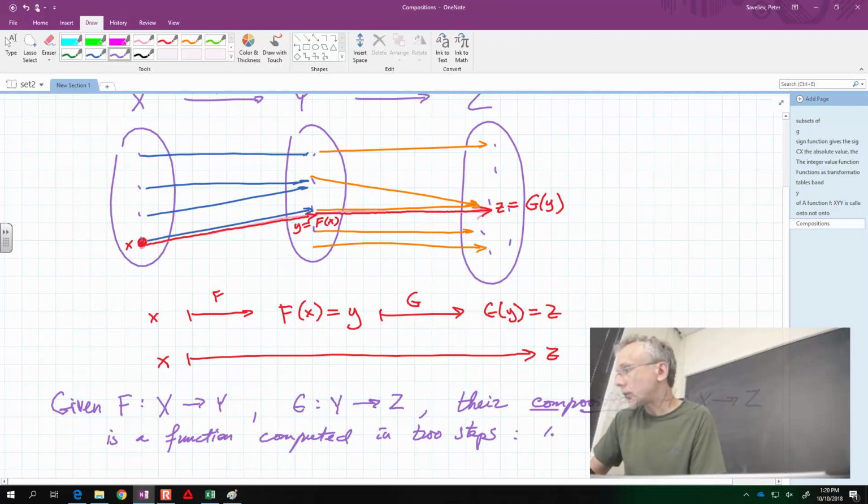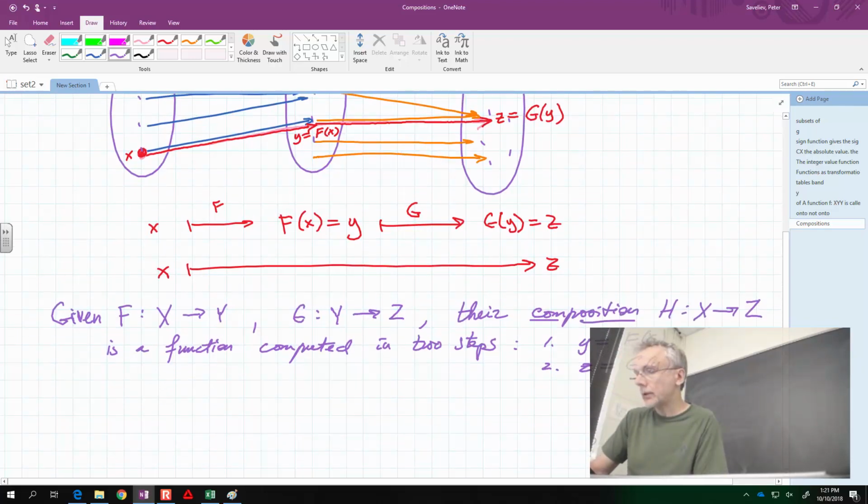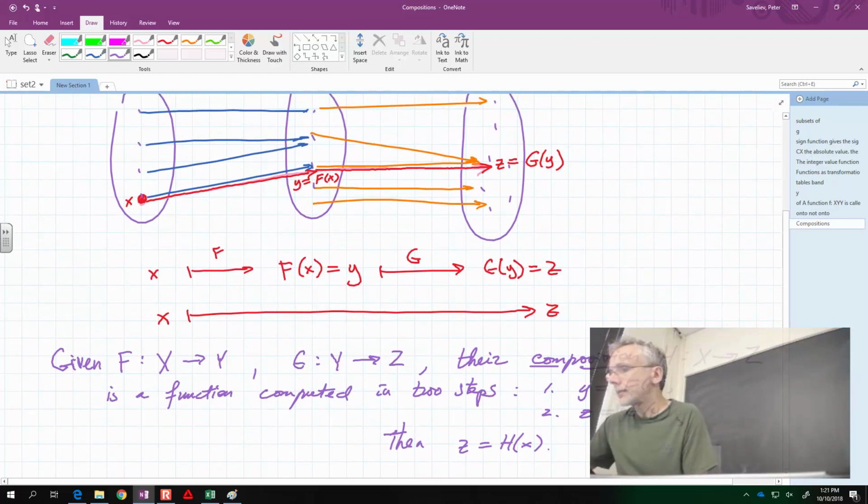Y is equal to f of x, number 1, and number 2, z is equal to g of y. Okay, I have to insert it here somehow. So if that is how it's computed, then z is equal to h of x. So that's the formal definition here.